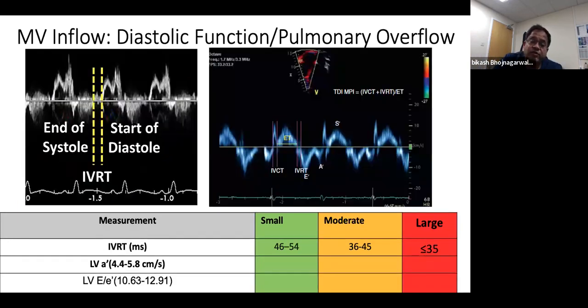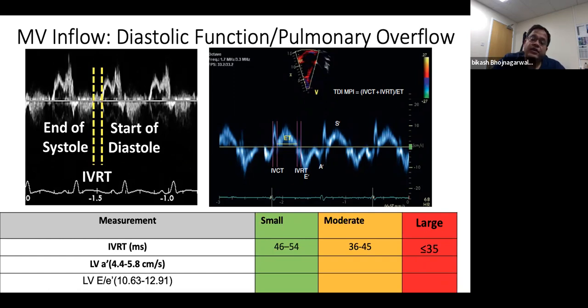In terms of isovolumetric relaxation time, what is isovolumetric relaxation time? You can measure it on 2D, through pulse wave, as well as on TDI. It's the diastasis phase of the ventricle. Before the ventricle starts filling in, this early phase of ventricular relaxation, it just relaxes.